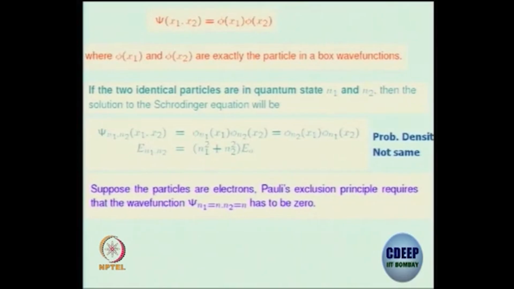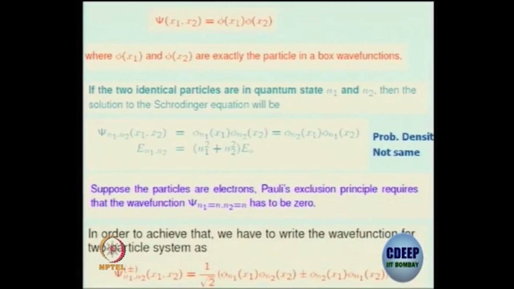And you want Pauli's exclusion principle to be satisfied. That is, the wave function has to be 0 when you put n1 equal to n and n2 equal to n. So how will you achieve both of them? You can write plus or minus. Which one is right?